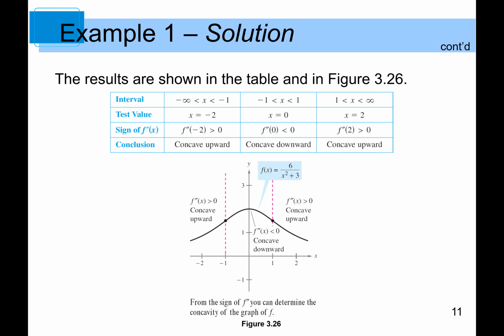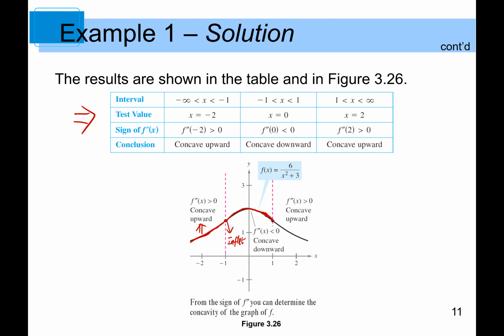As you can see, this table is a summary of what we just did, and the result is consistent with our analysis. From negative infinity to -1, it is concaving upward, and from -1 to 1, it's concaving downward. From concaving upward to concaving downward, this is the inflection point.